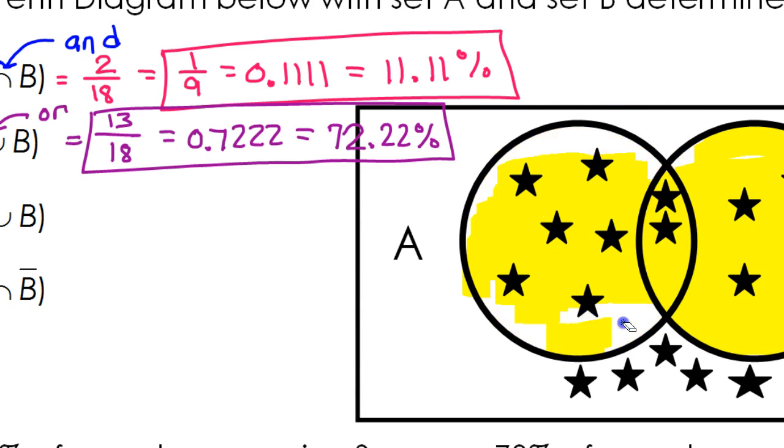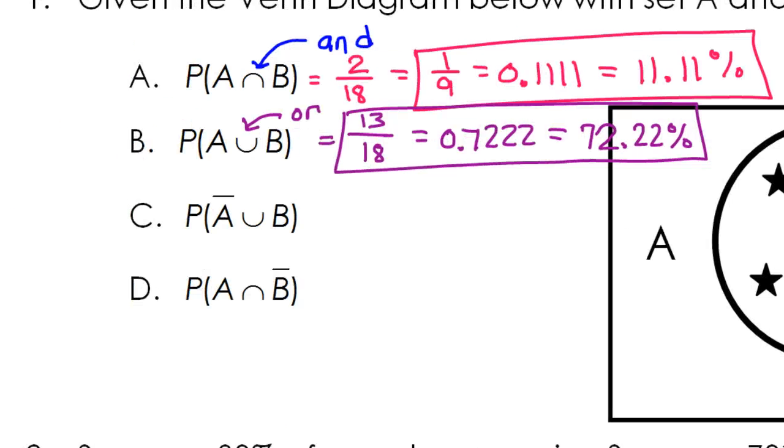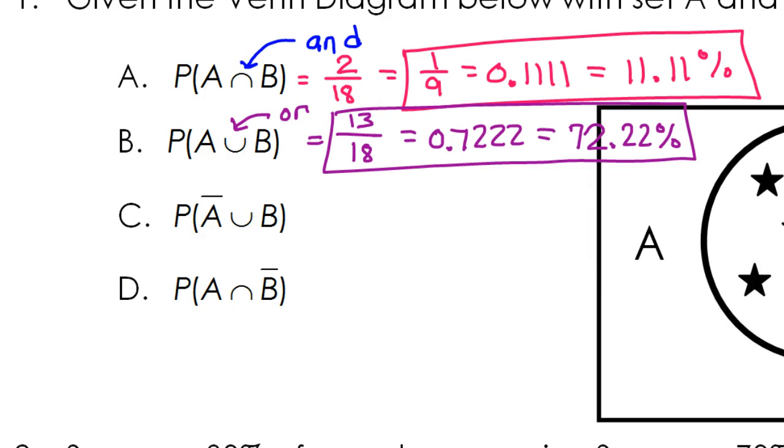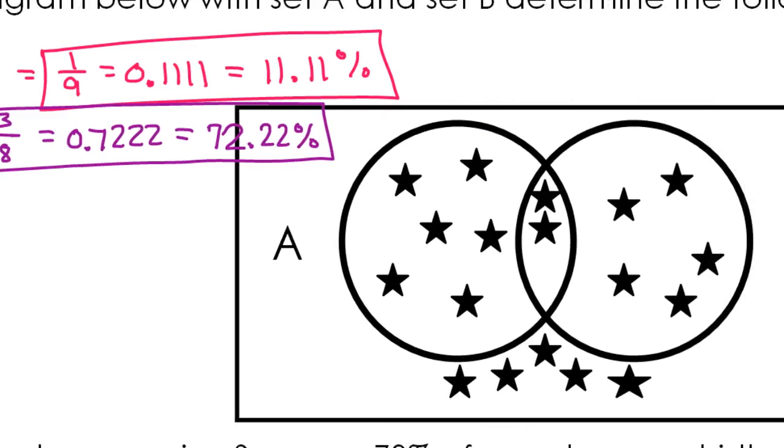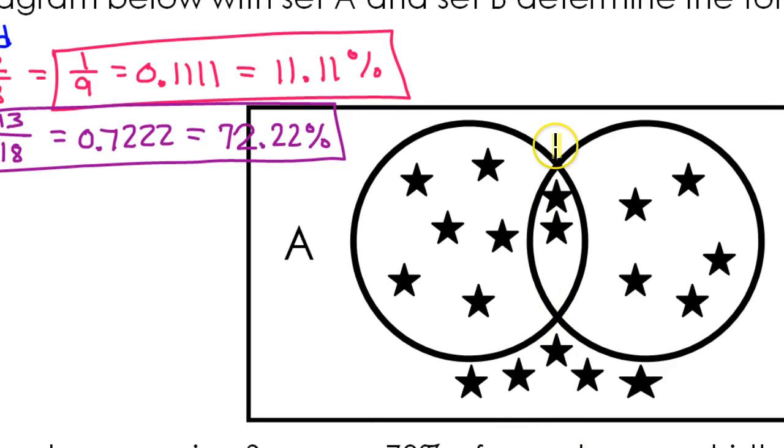So let me do a little erasing here. Okay, now remember, not A is everything outside of A. So this not A is all this business right here.